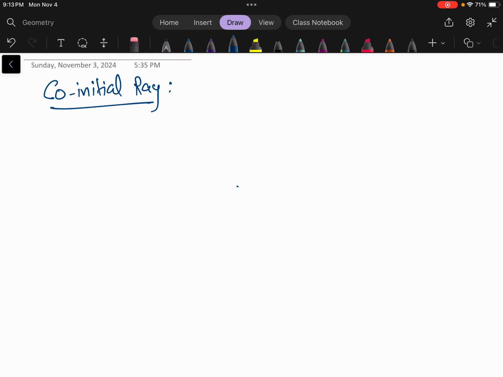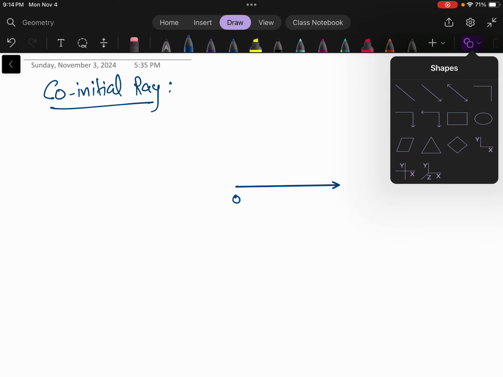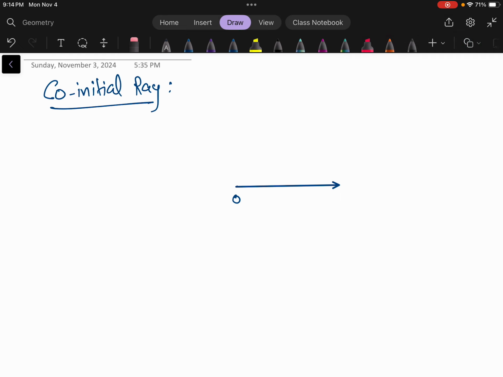For example, we have a point. Let's assume this is a point A. This is a point O. So the ray that is starting from this point and ending till whatever the point is.